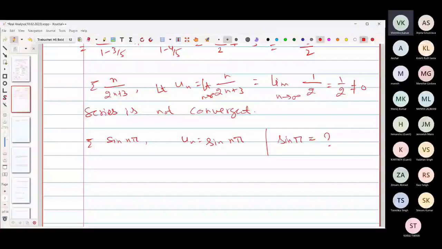Of course, this affects the sum in case it is convergent. In case it is divergent, the sum is going to be infinity only. Infinity plus a finite number of terms, a finite value, is going to be infinity only.